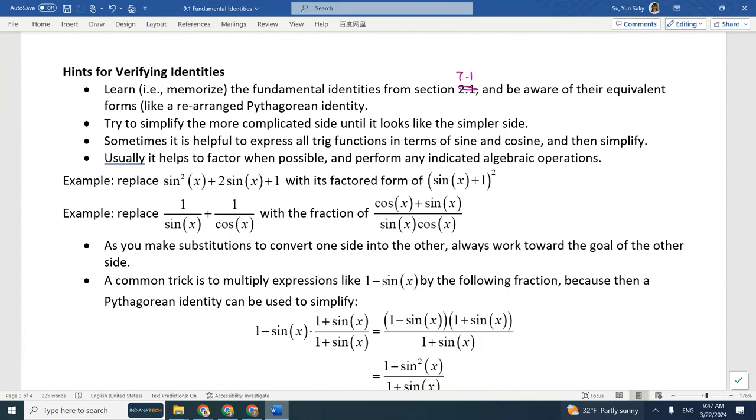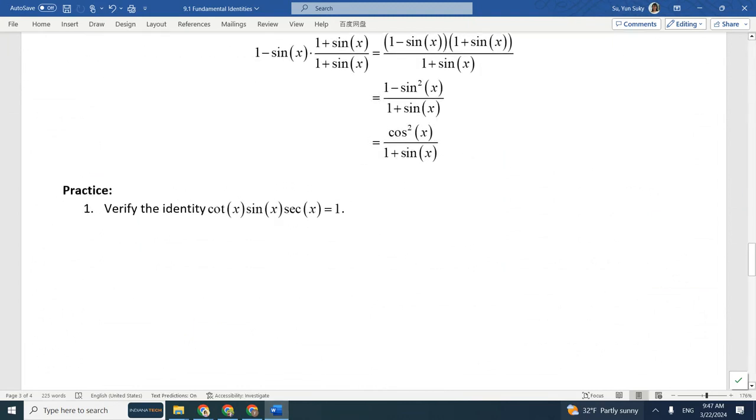Try to simplify the more complicated side until it looks like the simpler side. And usually, verifying identities means you have an equation. And like here, you have an equation, and you want to show the left-hand side equals the right-hand side.